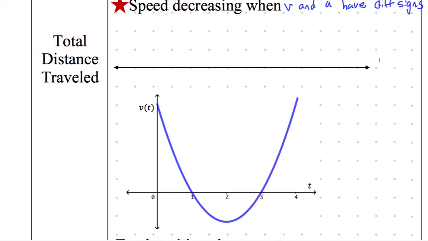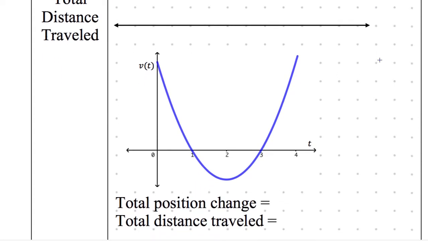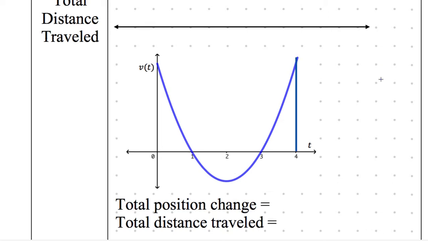Let's go ahead and talk about total distance traveled in terms of position change versus distance traveled. So position change is something that we already know. Let's go ahead and make up some values in here. Let's just say the area under here is 8. I drew a line right here really quick. The area under here is -7, and the area under here looks about the same, let's just call it 8.